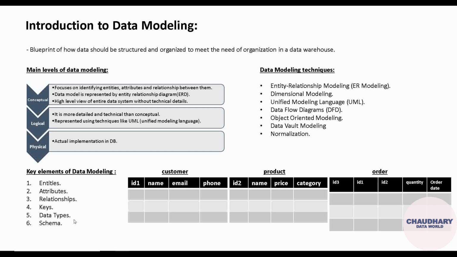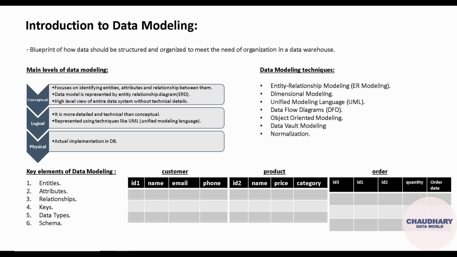Data types are very simple: if ID is there, it will definitely be an integer. Price will be a decimal data type. Category will be a string data type. We define data types when we are creating the logical level of the data model.